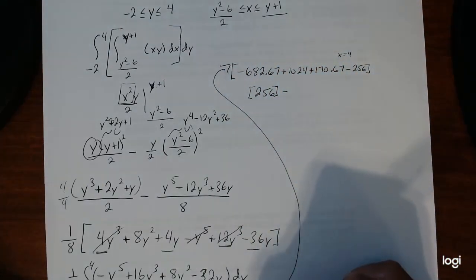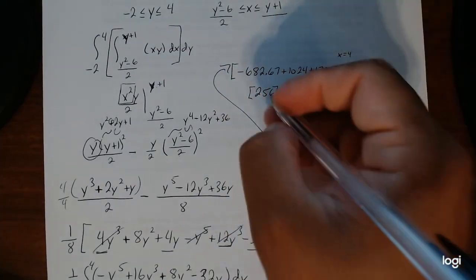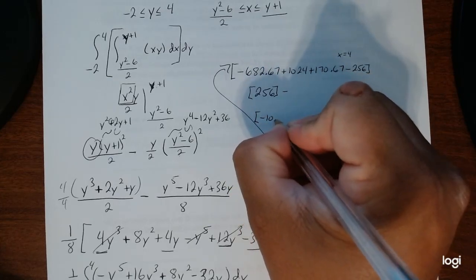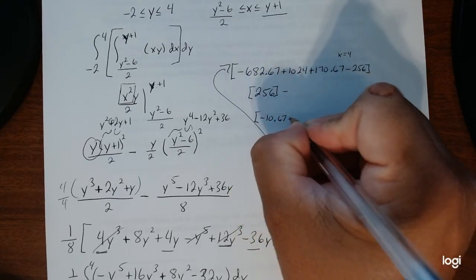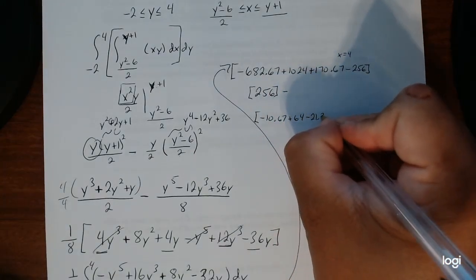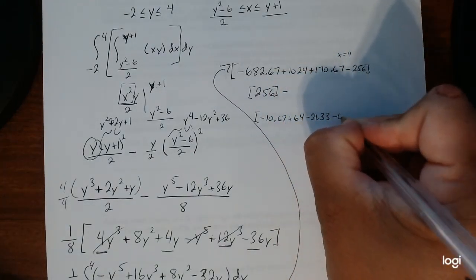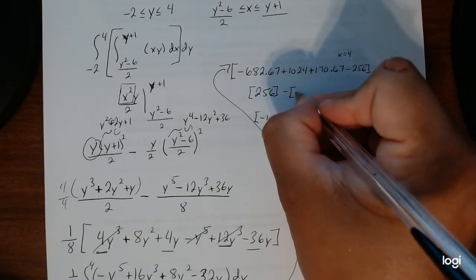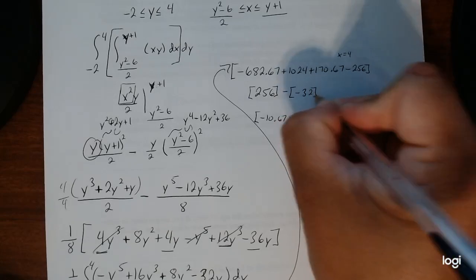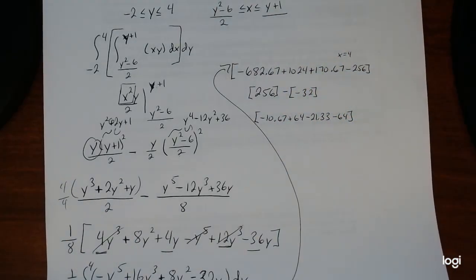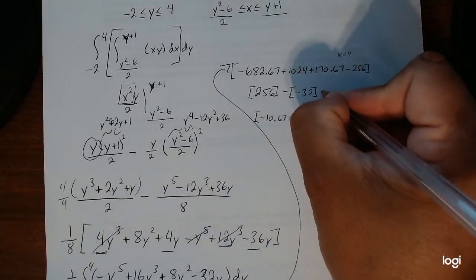And now if you plug in -2, this is what I get. And if you add and subtract all that, you get -32. Okay. So therefore we add them, so 256 plus 32 gives us a grand total of 288.